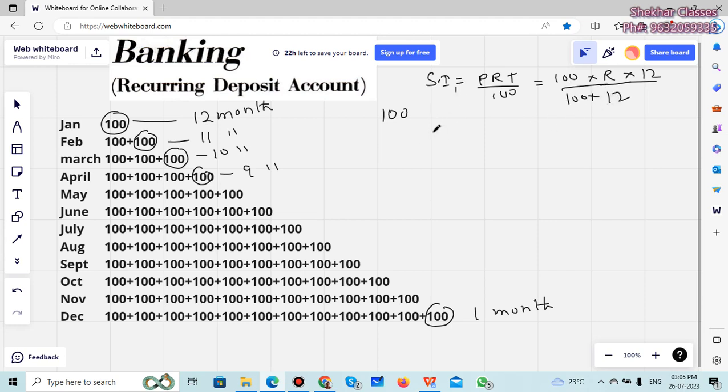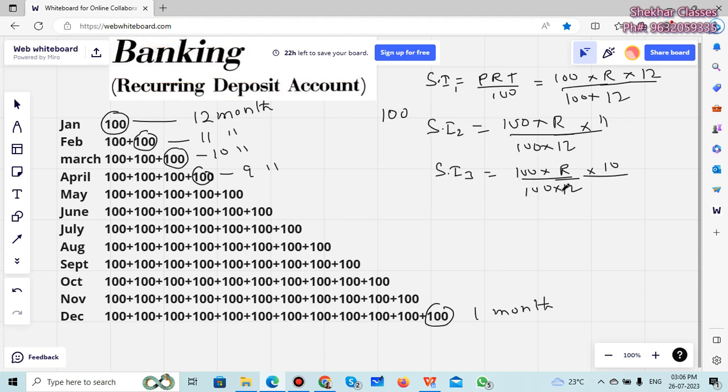Simple interest for the second one will be 100 into R by 12 into 11, upon 100. Okay. Simple interest for the third one will be 100 into R by 12 into 10, upon 100.